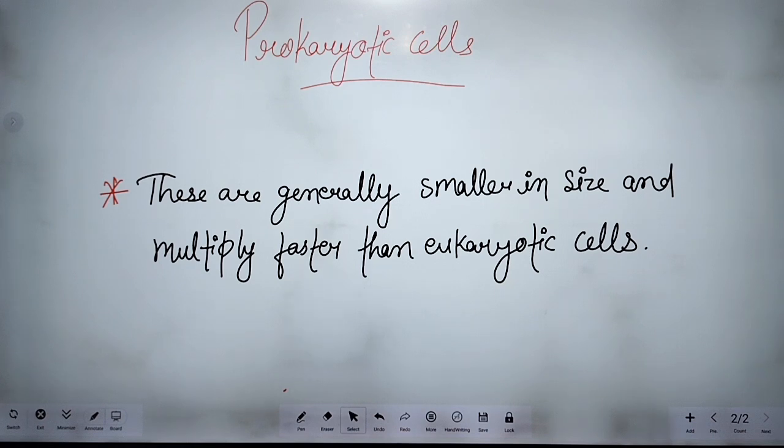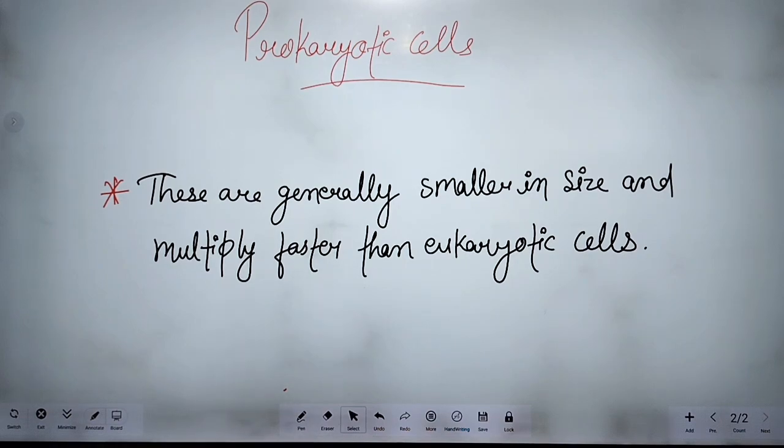That's why a virus can spread in our body, or a place, in a very small time, because it multiplies much faster than the eukaryotic cells present in plant or animal cells. So, simply, prokaryotic cells are smaller in size, but still multiply faster than eukaryotic cells. I hope you understand that.